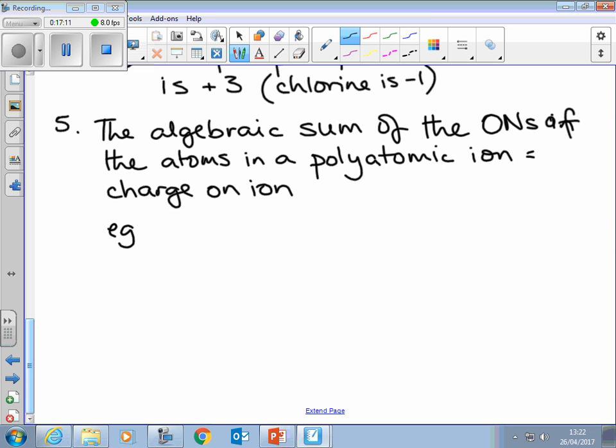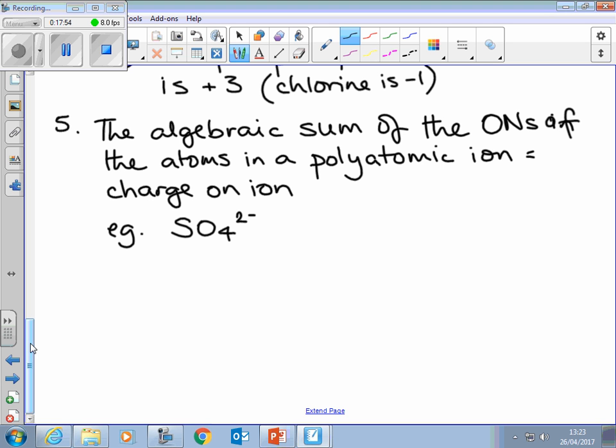So if, for example, you have sulfate, the sulfate ion, all right, now what's the oxidation number of oxygen? -2. So 4 lots of -2 would be -8. So what must be the oxidation number of the sulfur? Yes, +6. Yeah, because the oxygen's actually providing -8, but we're still left with a -2 charge on there, then the sulfur must have knocked out 6 of those.